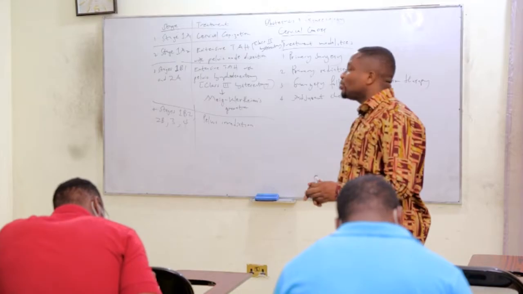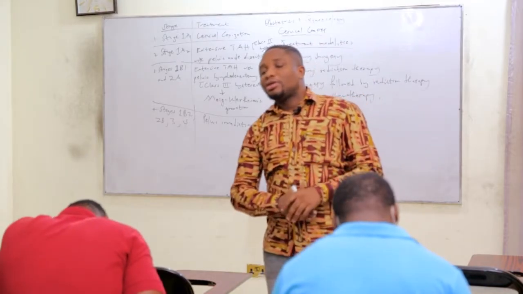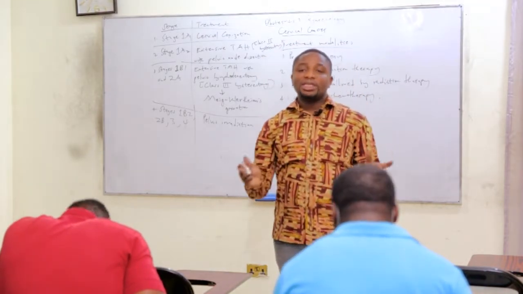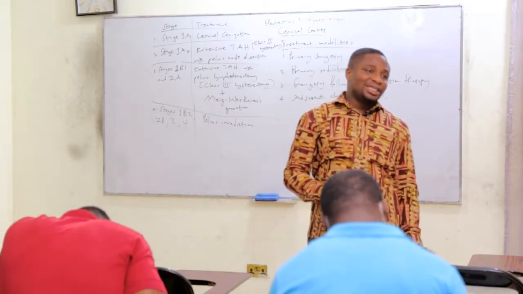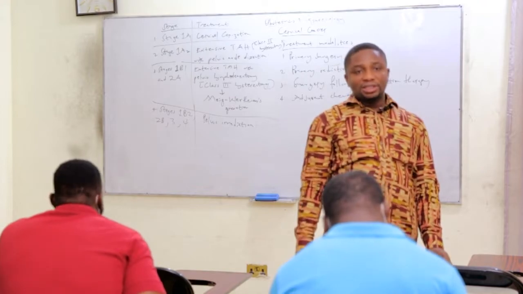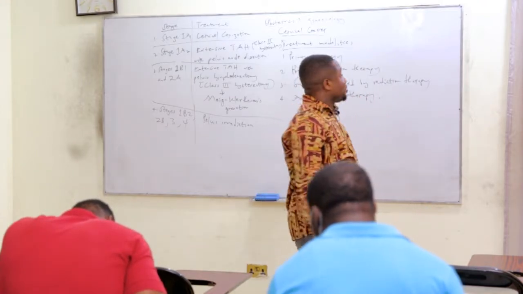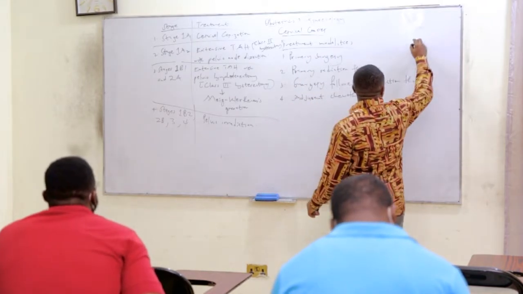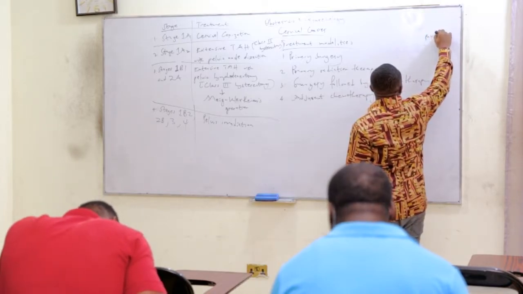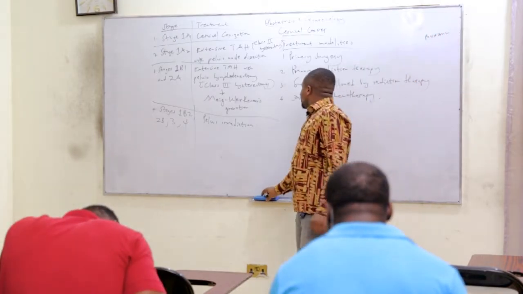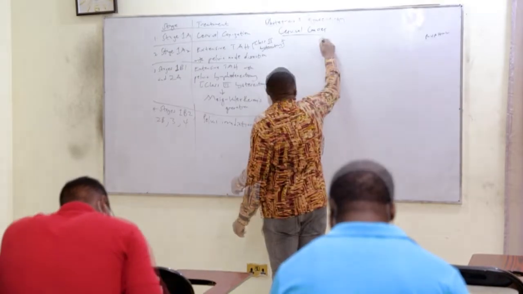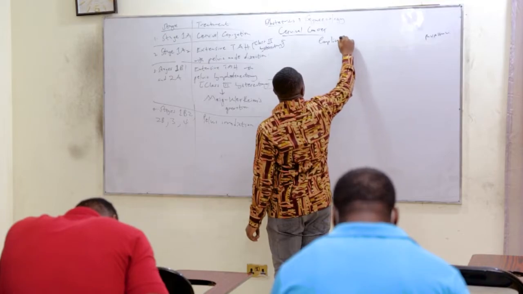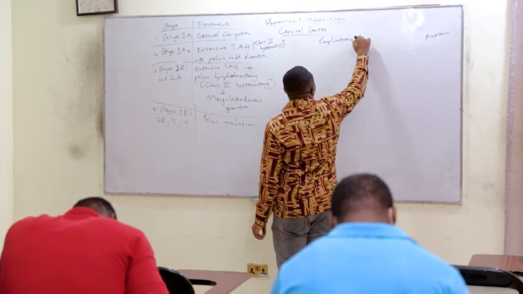Okay, we'll be ending with the complications of cervical cancer, and with the complications, we're also looking at the most common causes of death in cervical cancer. Complications of cervical cancer.